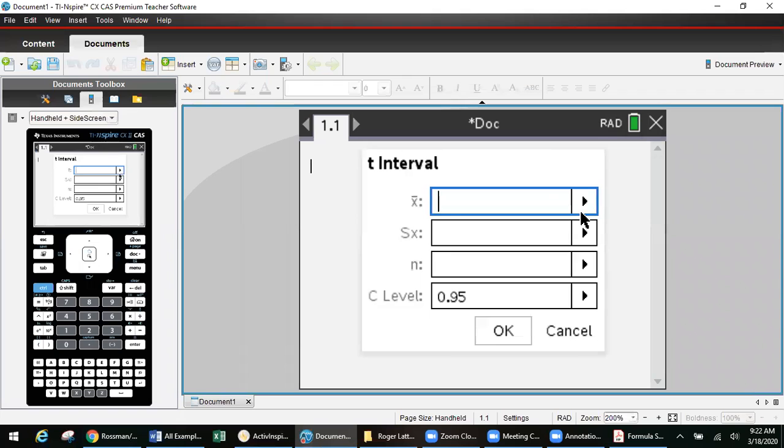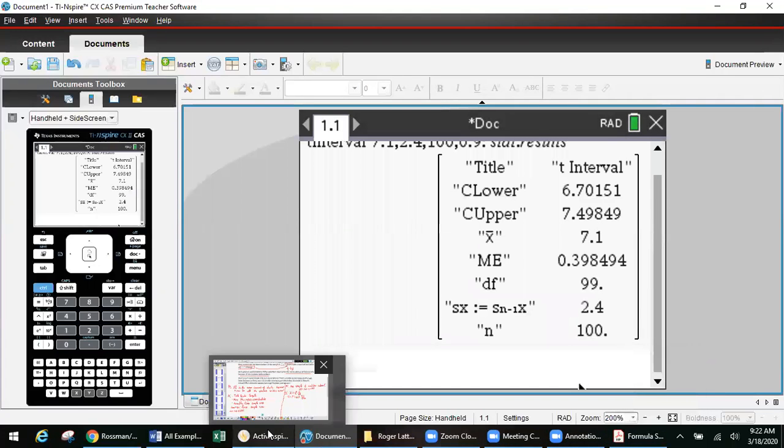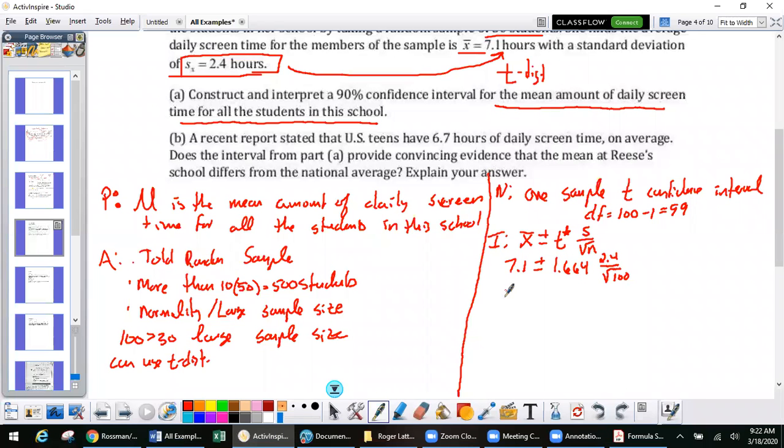So stats: x bar was 7.1, s was 2.4, n was 100, and the confidence level was 90. Again, I'm recording this, I'll put this on the classroom, but hopefully you're just following along. And we hit okay. And there's my interval, 6.7 to 7.5.